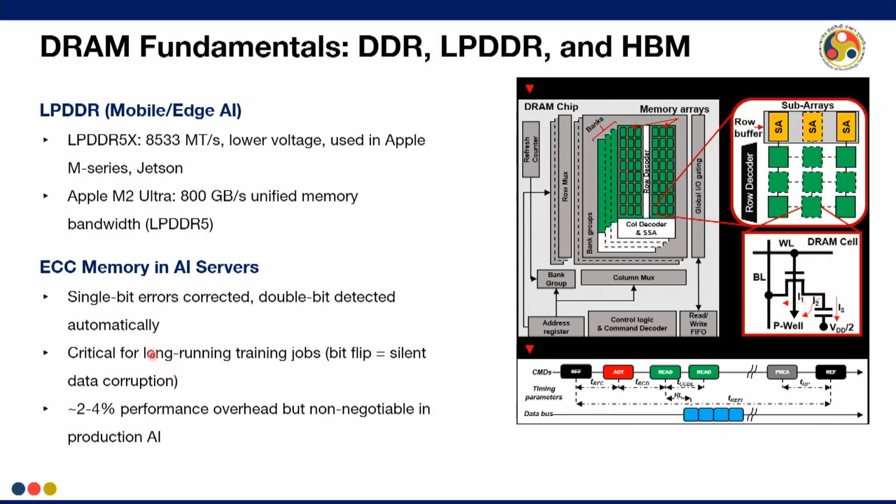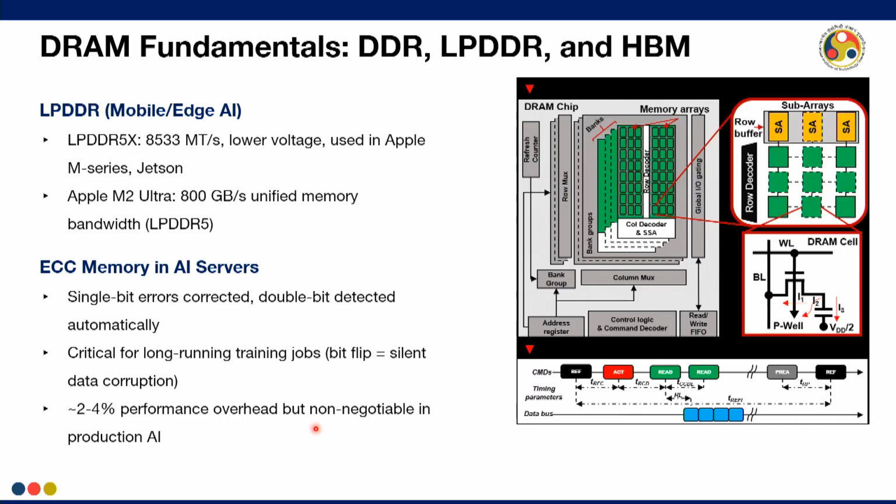When training runs for days or weeks, it's critical to maintain the correctness of the data in the entire memory system. That's why ECC is very important. It brings some overhead, around 2 to 4% performance overhead, but that is completely fine. It's non-negotiable in AI workloads, so you cannot ignore ECC in the system.